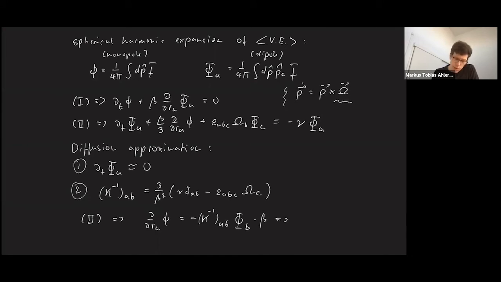We can now write phi a is equal to -1 over beta, and then we have k ab times the gradient of the monopole contribution. So this gives us a relation between the dipole of the phase space distribution and the gradient of the monopole via the tensor k that I introduced here.